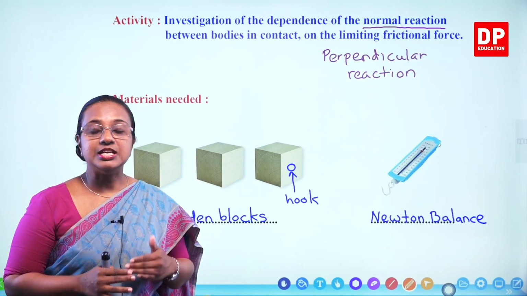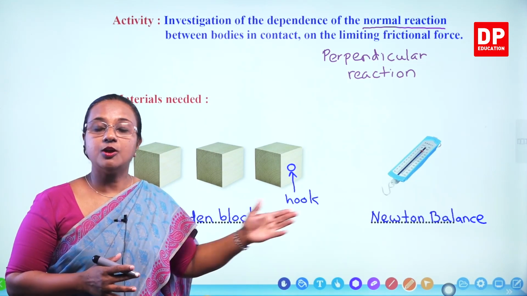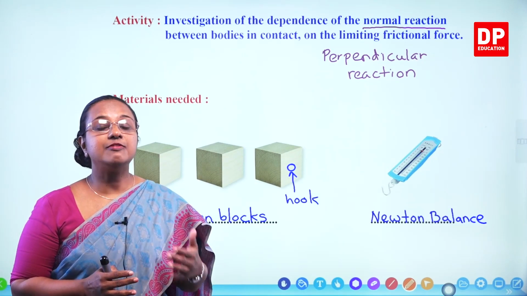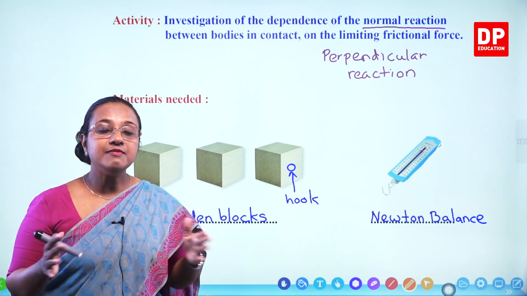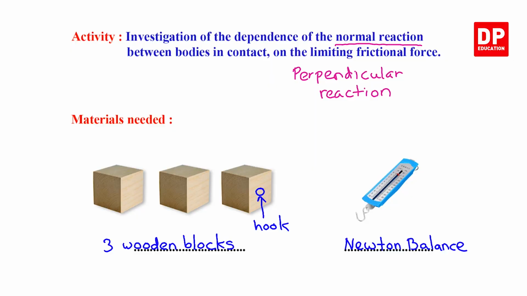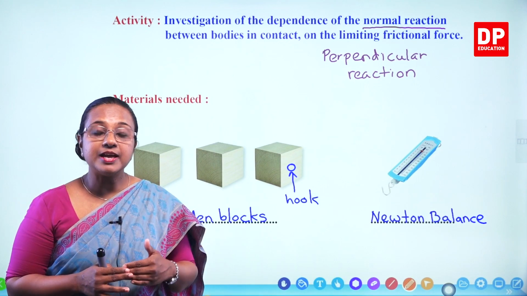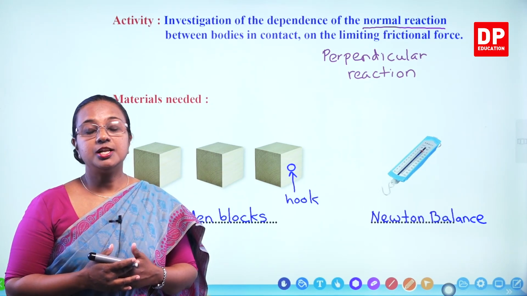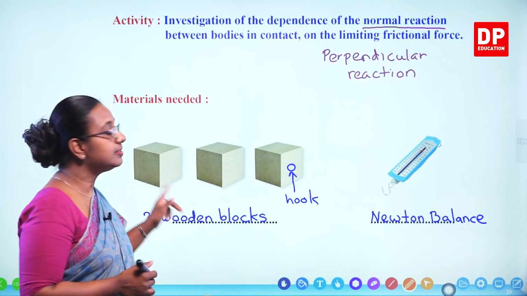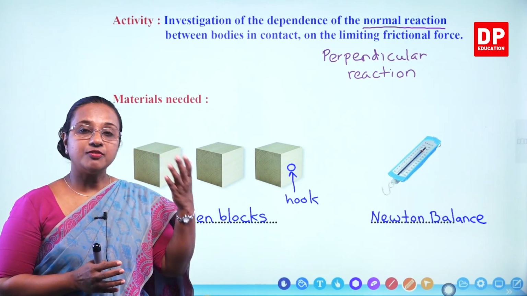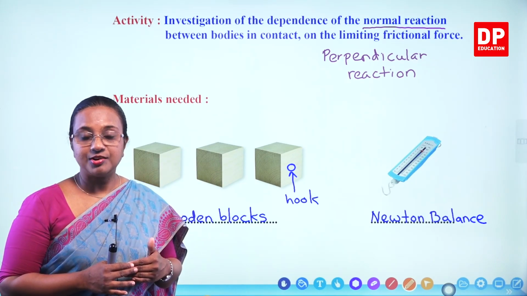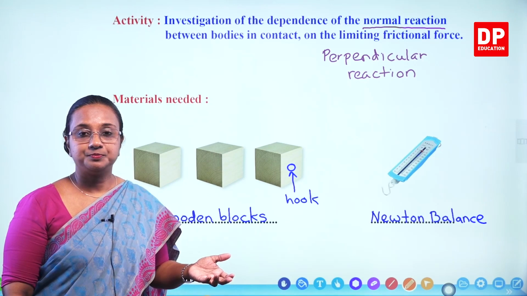So in each instance, we are getting the reading of the Newton balance that is equal to the limiting frictional force. Then we can compare whether the normal reaction, perpendicular reaction, affects the limiting frictional force. As you can see, when we increase the number of blocks, the weight of the block increases and therefore the perpendicular reaction increases.